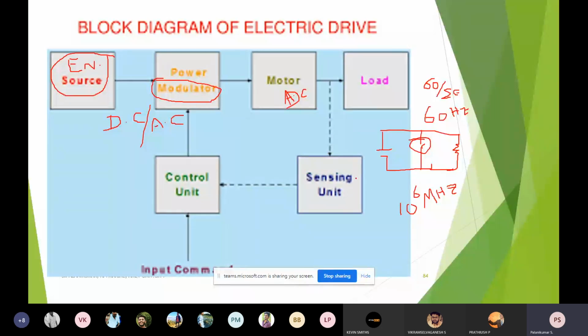The power electronic converter needs some input. That device is normally called a semiconductor device. That means without any external triggering, it won't conduct.